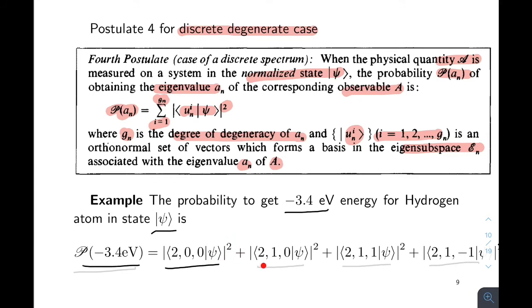We take the scalar product of 210 with psi, take modulus square. The scalar product of 211 with psi and its modulus square, and finally the scalar product of 21 minus 1 with psi and its modulus square, and then we add them together to get the probability of getting the result minus 3.4 electron volt in the energy measurement of the hydrogen atom.